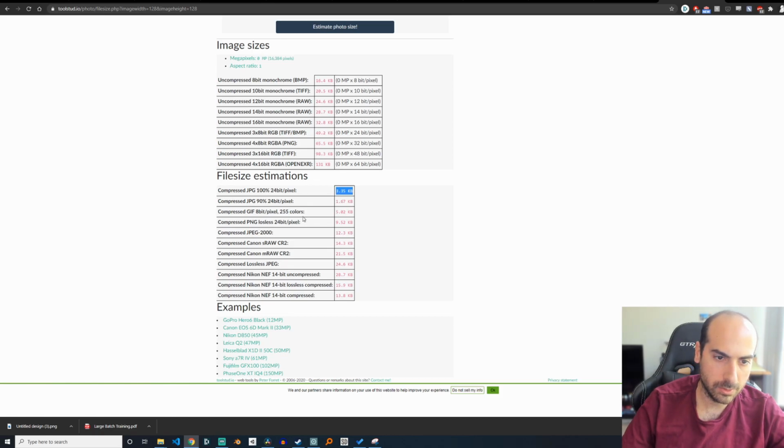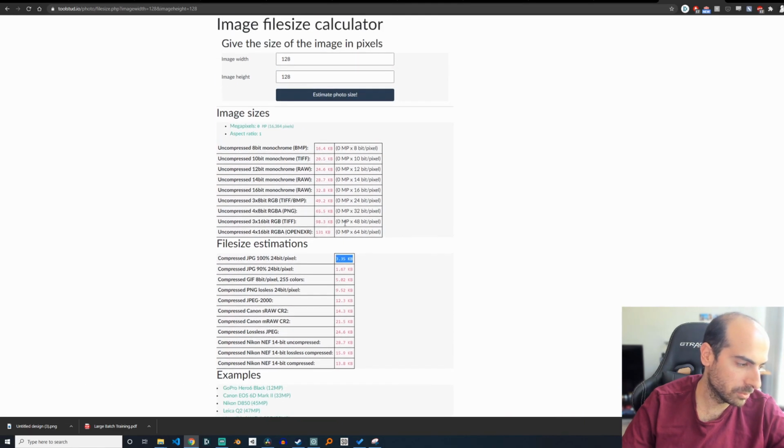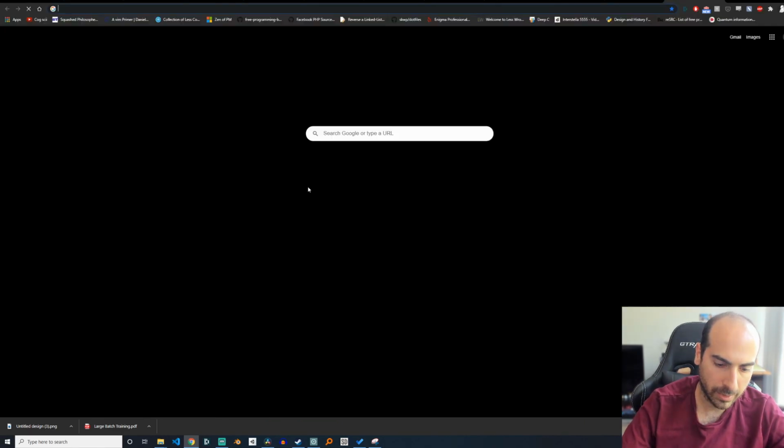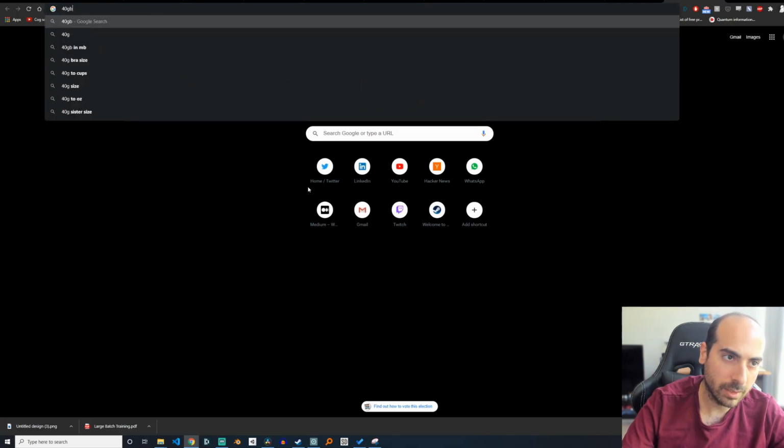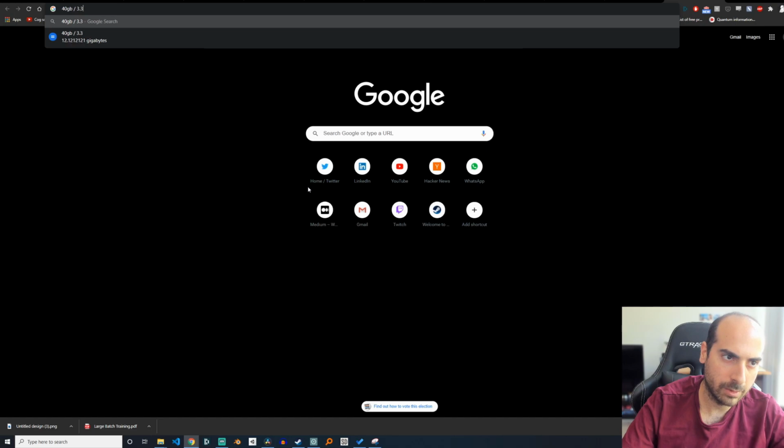Okay, so we're gonna do lots of back of the envelope math right now, so this may not be super accurate. Just like to see if we're in the right ballpark. So let's say we have 40 gigabytes divided by 3.33 kilobytes.